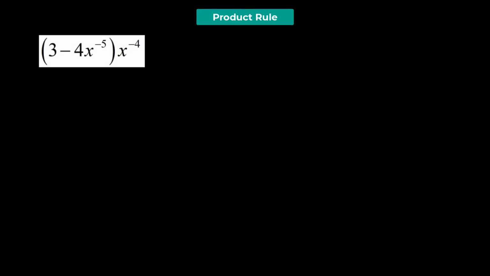So here we have 3 minus 4 times x raised to the power of negative 5, whole multiplied to x raised to the power of negative 4. So let's treat 3 minus 4x raised to the power of negative 5 as the first function and x raised to the power of negative 4 as the second function. So when we apply the derivative, we can use the product rule.